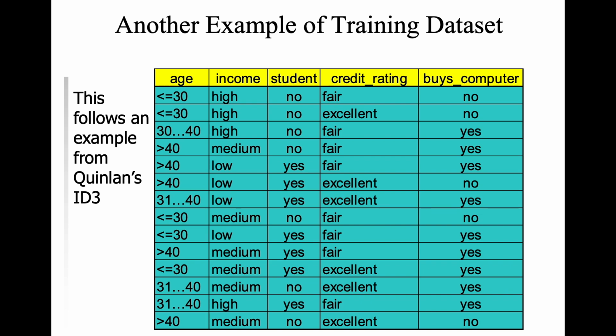Why didn't we branch out more? We said, okay, if age is greater than 40 years old and credit rating is excellent, why don't we use another test here, for example whether it's a student or not, or whether the income is high or medium?